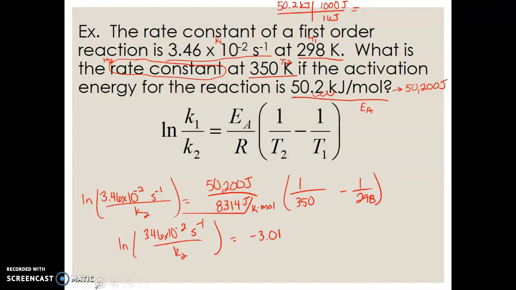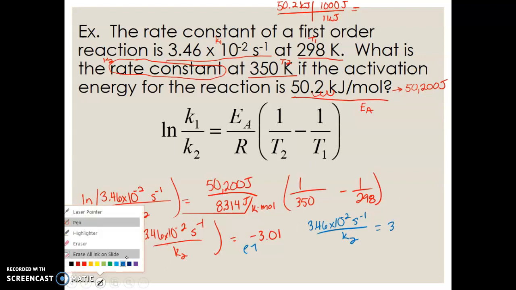So in order to get rid of that natural log, I'm going to use the E to get rid of that. Do it to both sides, cancels out over here. So that leaves me with 3.46 times 10 to the negative second s to the negative first over K2, and that equals, not 3.01, it equals 0.493.